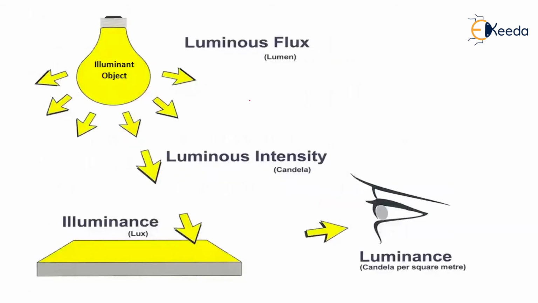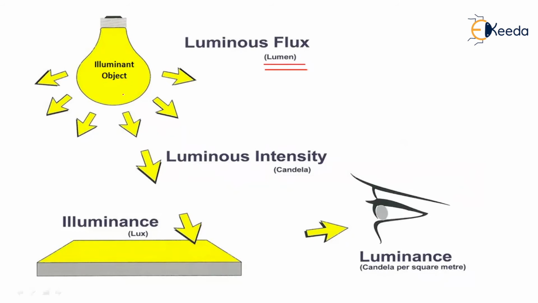So if we have to revise all the definitions, here the bulb is your illuminant object giving light, and the flow of light, the luminous flux, is measured in lumen. Unit is lumen.